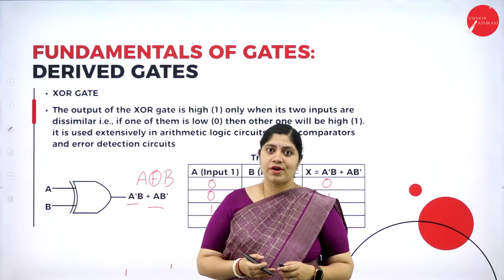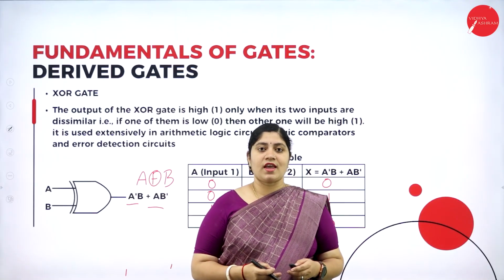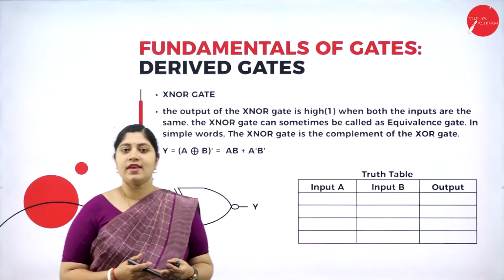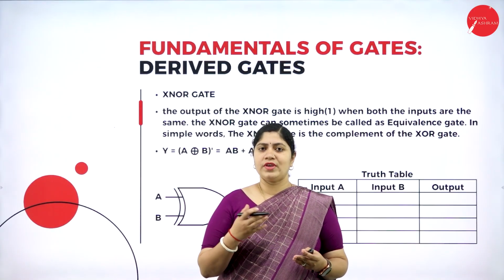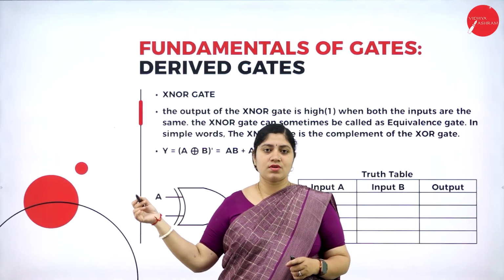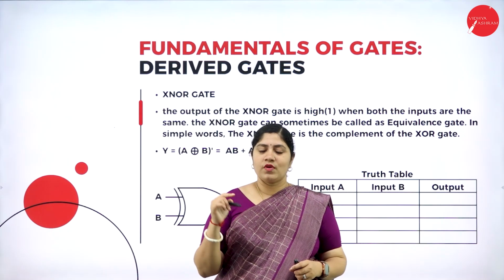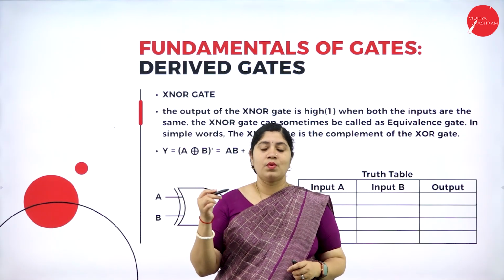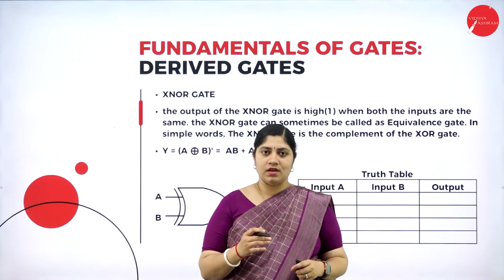So let's move forward and check the second derived gate, that is none other than the XNOR gate. XNOR gate is the inverted form of XOR gate. It is very, very simple. In XOR gate, we were getting a high output only when the inputs were unequal, correct?